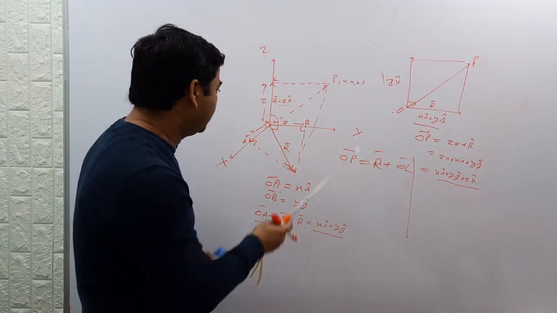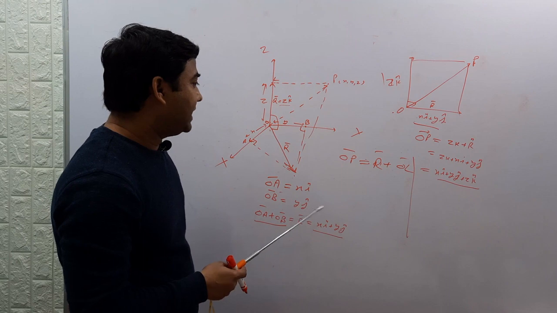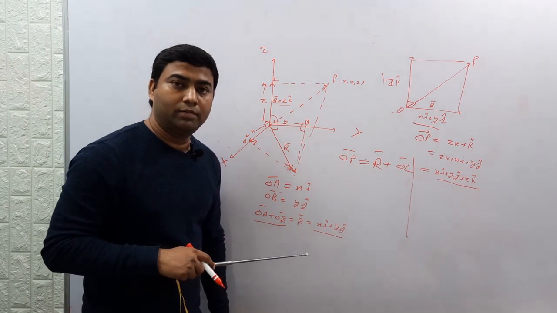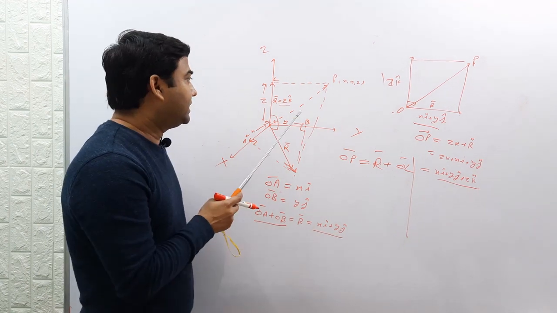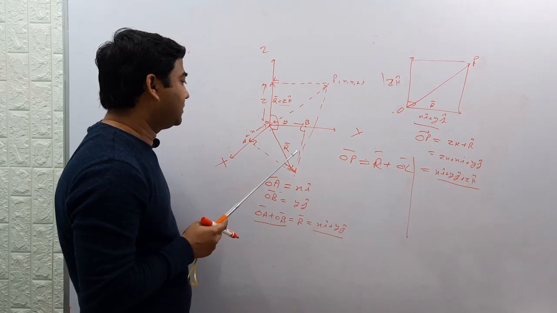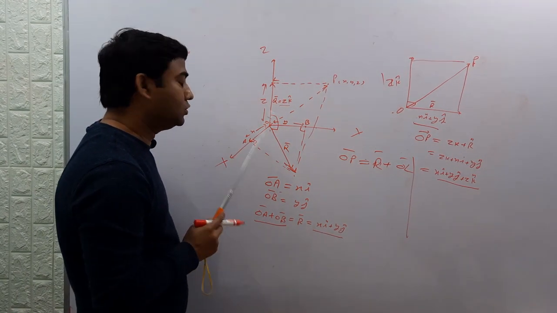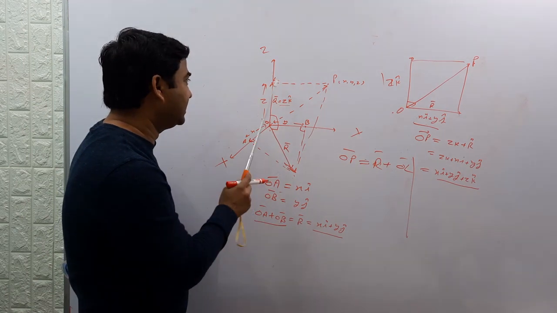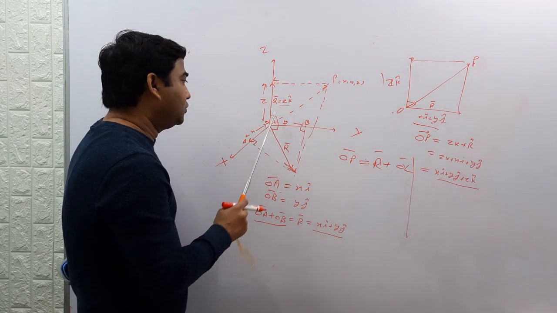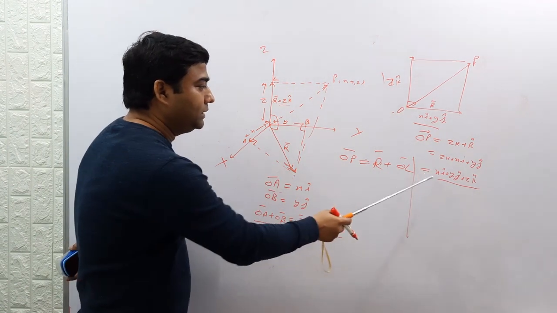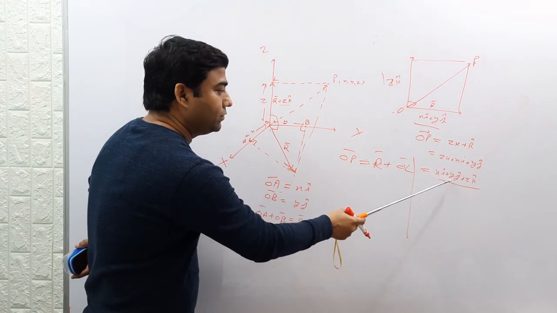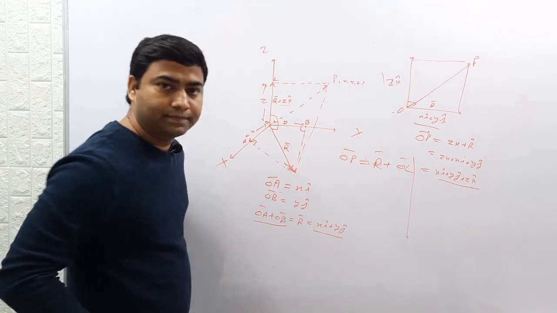So we have proved from the addition of vectors law, by using the triangle law and the parallelogram law, that in the Cartesian coordinate system having I, J, K as unit vectors in the x, y, z directions, the position vector of point P, that is OP, will be equal to xi plus yj plus zk.